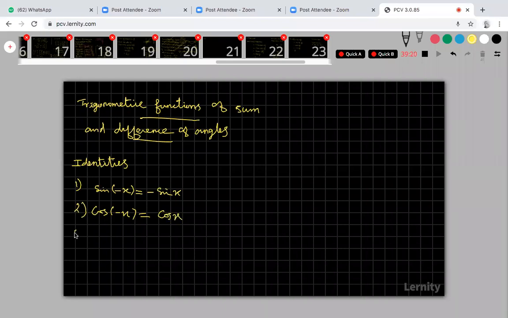Okay, third one, cos of x plus y is equal to cos x cos y minus sin x sin y. This is the identity. These two proofs are already given. Sine of minus x is minus sin x, cos of minus x is cos x. And the third one is cos of x plus y is equal to cos x cos y minus sin x sin y.